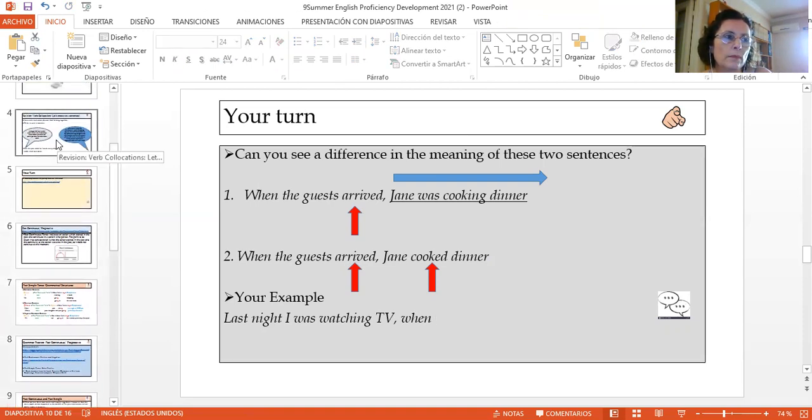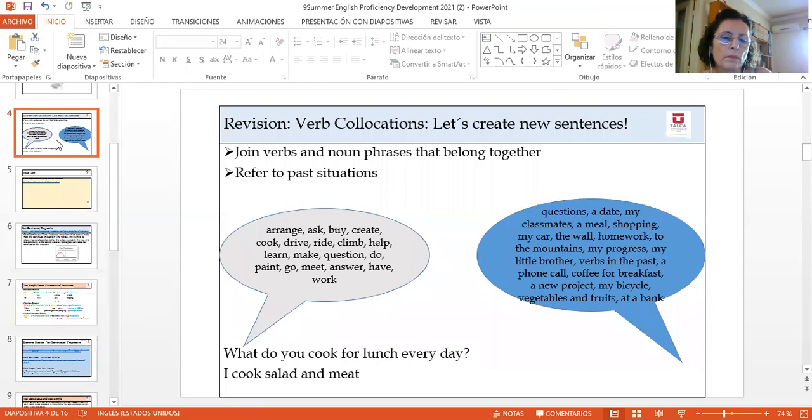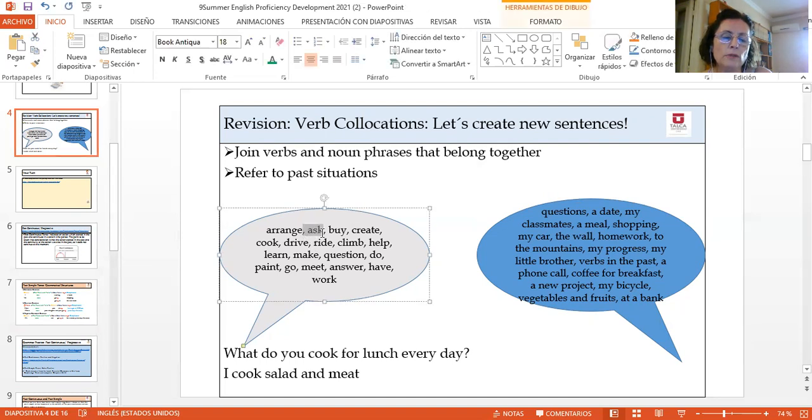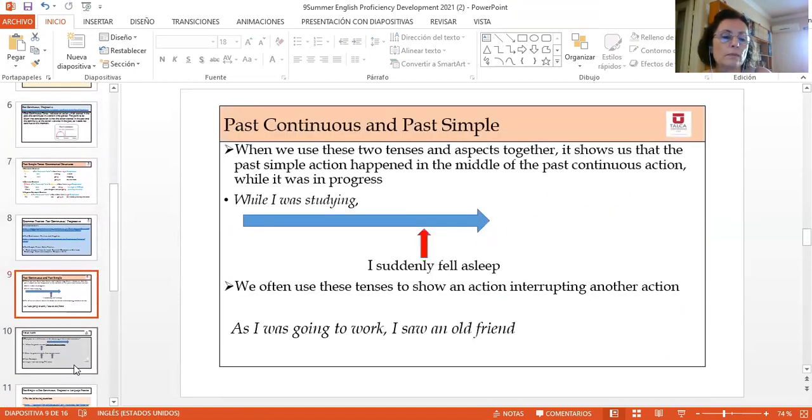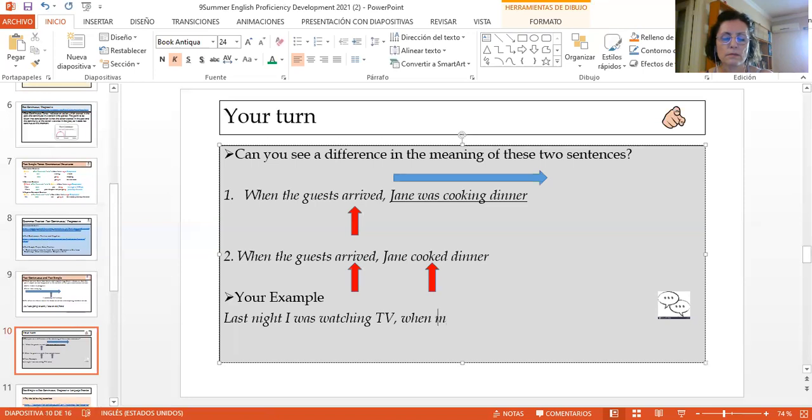One verb. When my daughter, what did she do? Asked. Ask. No, this is past tense. When my daughter asked, just thinking of an action that happened at one moment.